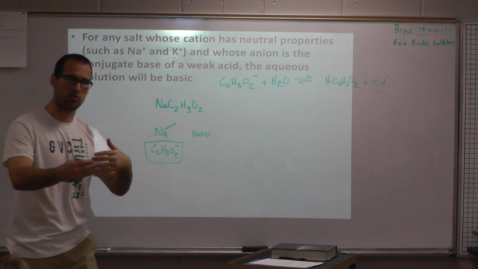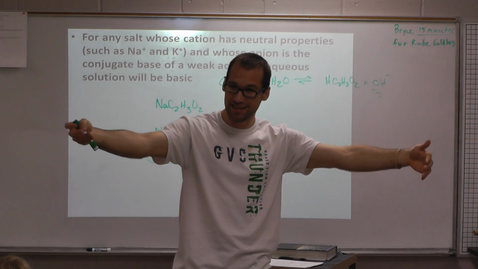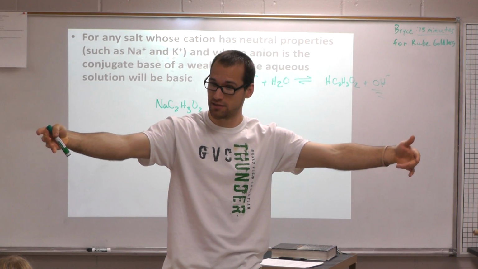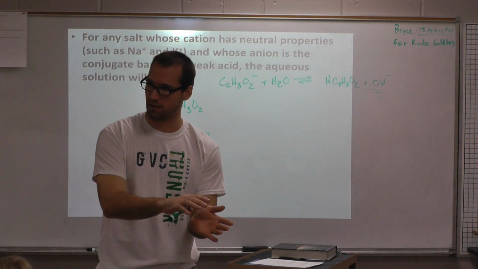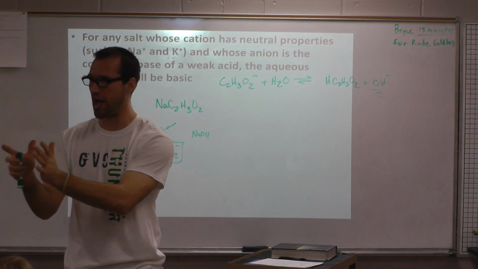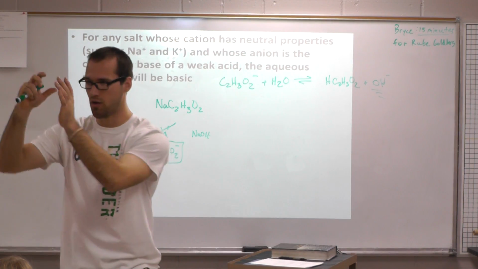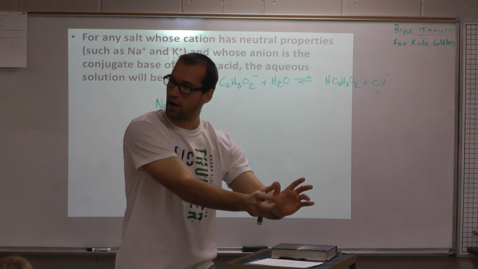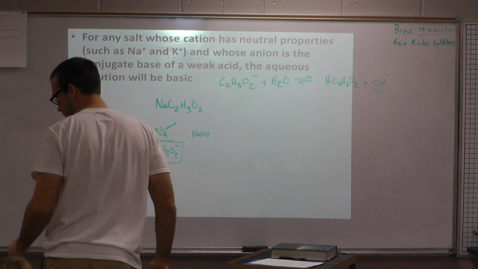Because a conjugate of a weak acid is a stronger what? Base. Remember we said conjugates are always the opposite? If I have a strong acid, weak conjugate base. If I have a weak acid, stronger conjugate base.